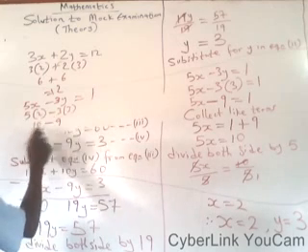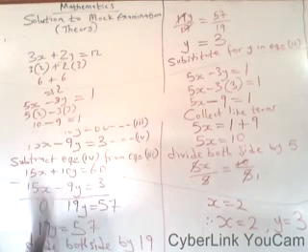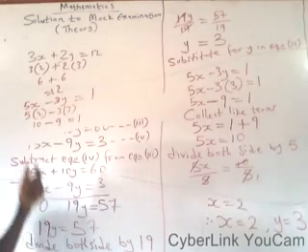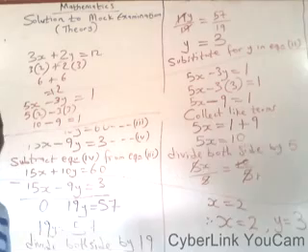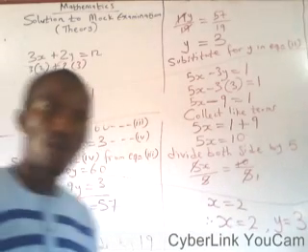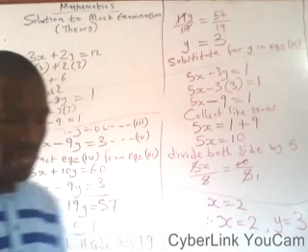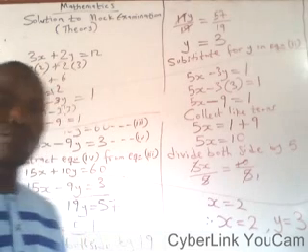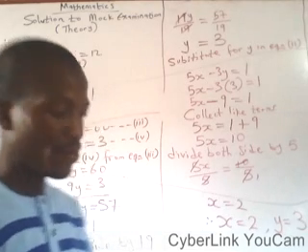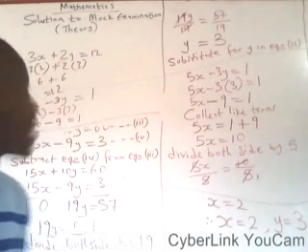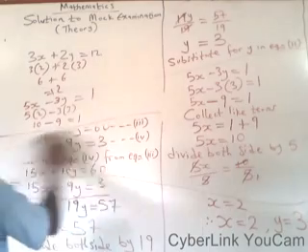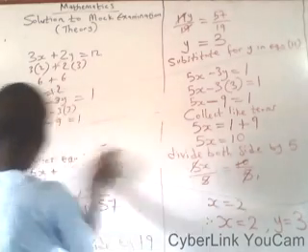We want to know whether this will now equal 1. That is how you cross-check your answer in simultaneous equations, whether it is right or wrong. And in that case, we are going to move to question number 1b. The first one that we solved is question number 1a. Let us move to question number 1b.